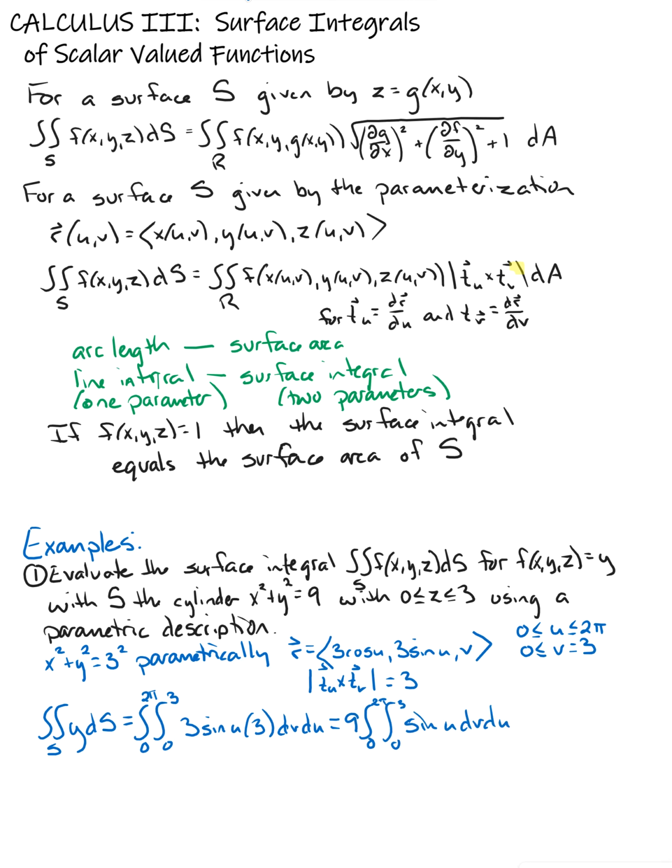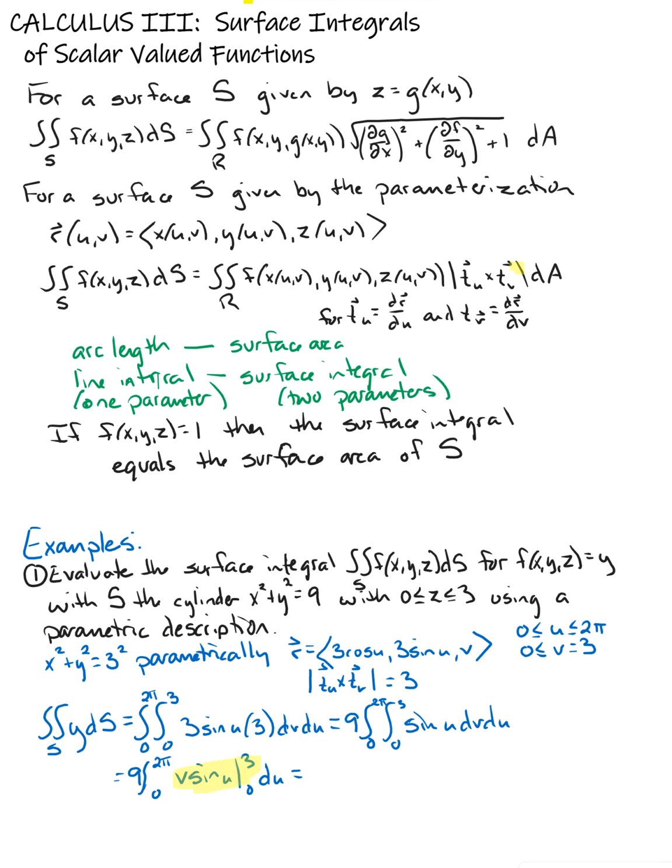Well, integrating with respect to v first gives us 9 times the integral from 0 to 2 pi of v sine of u, evaluated from 0 to 3. We're still going to integrate now with respect to u. Keep that differential out there, don't lose it.